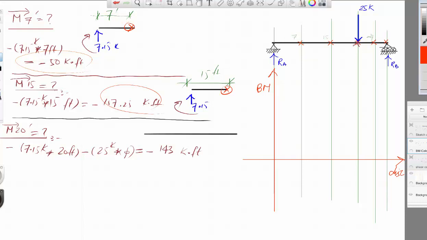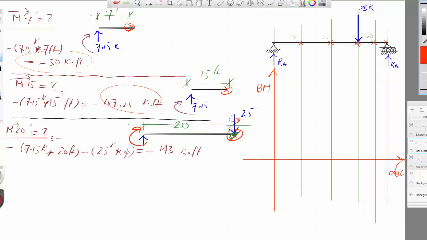It is at this point where we have the 25, we're taking the moment here, and this is the only force we have, so this will rotate in this direction. This has an assumed direction, but the distance is 0, because this distance is 20, so this point has no distance.